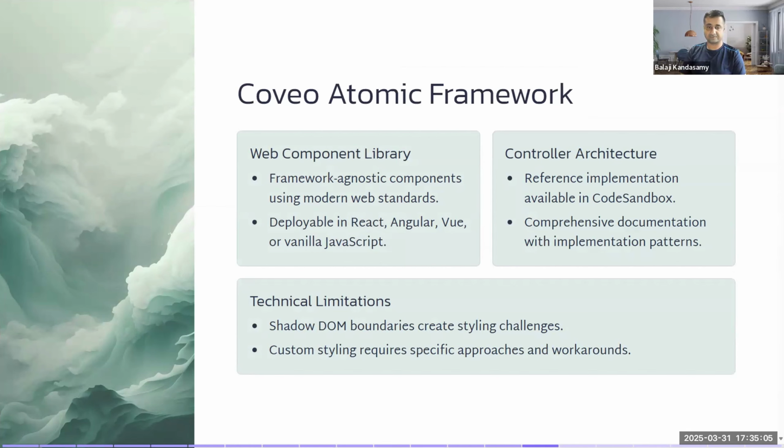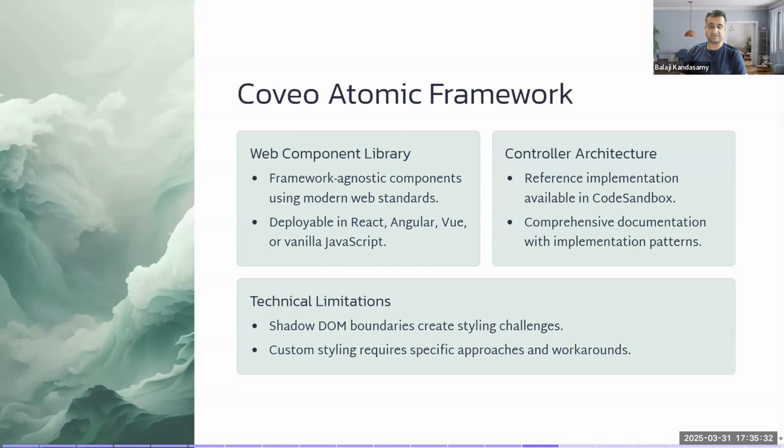The main drawback I see personally with the Atomic framework is that internally it uses Shadow DOM. If you have not heard of that, it's similar to when a web page has an iframe that loads an entirely different page into it, but the main page cannot access the iframe, or the iframe cannot access the parent page.